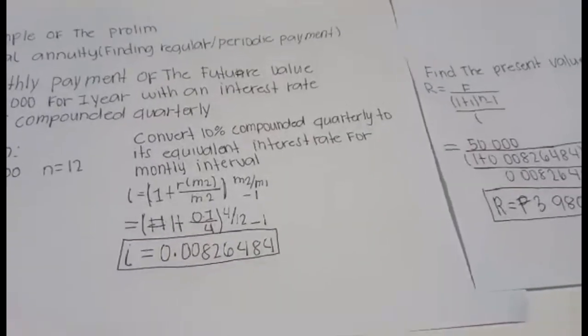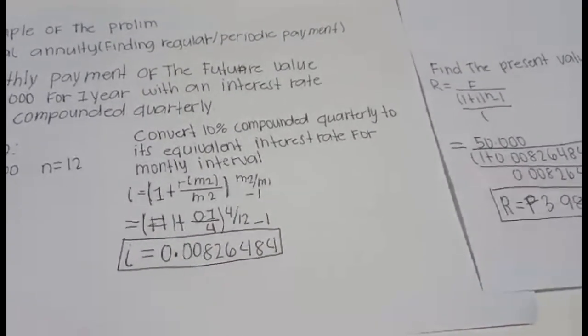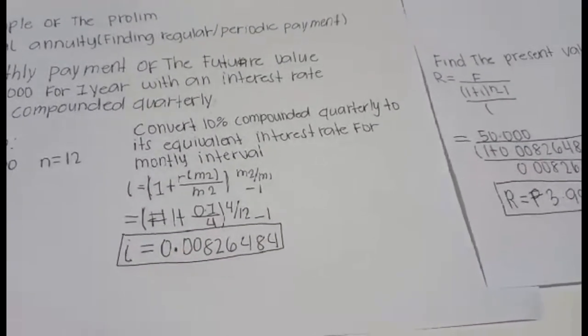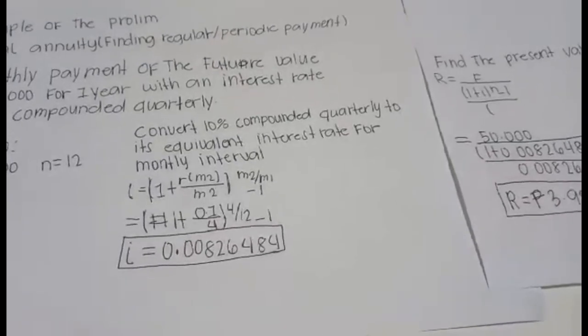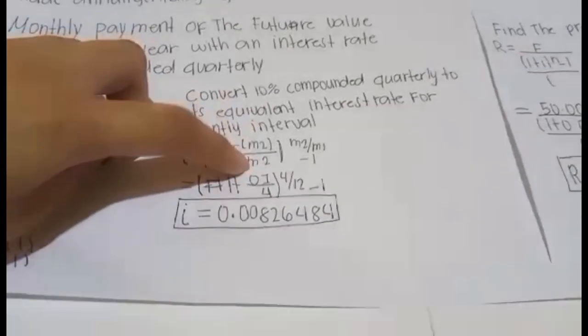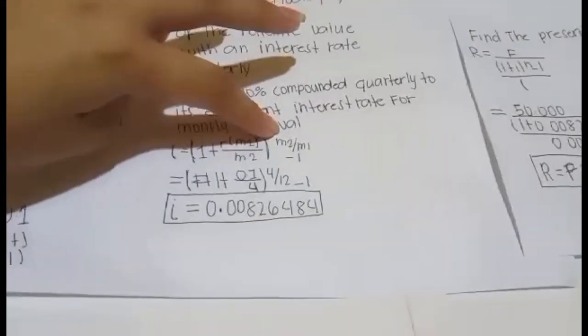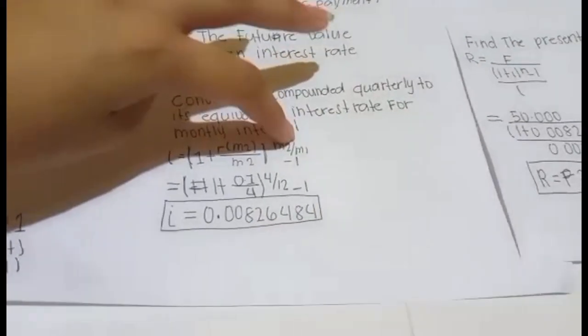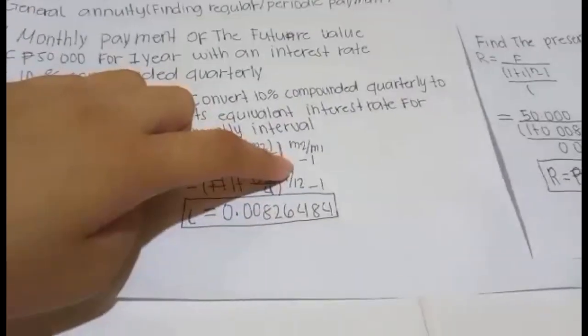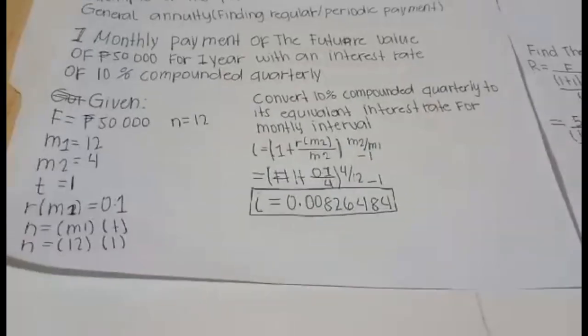And so I equals (1 plus R divided by M sub 2) raised to the power M sub 2 divided by M sub 1, minus 1.